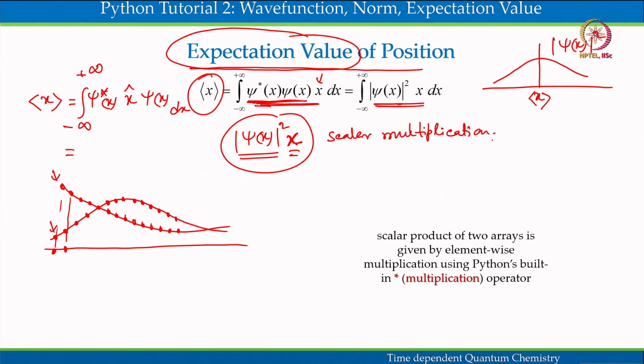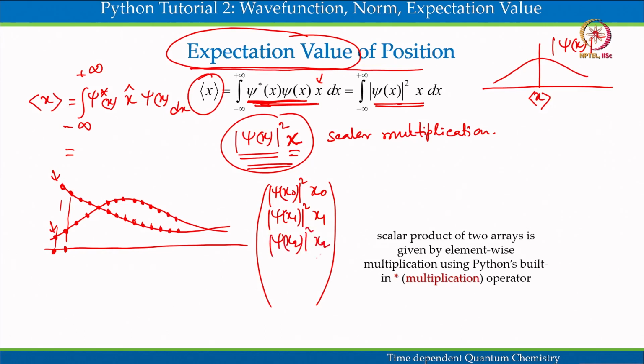And scalar multiplication is very easy to do. In the end, this is an array which will be represented this way: psi of x0 squared times x0, then psi of x1 squared times x1, psi of x2 squared times x2, and we continue like this. x0 is the grid point.